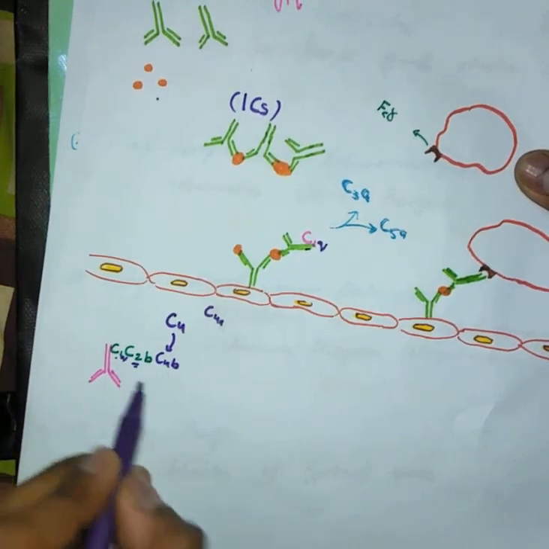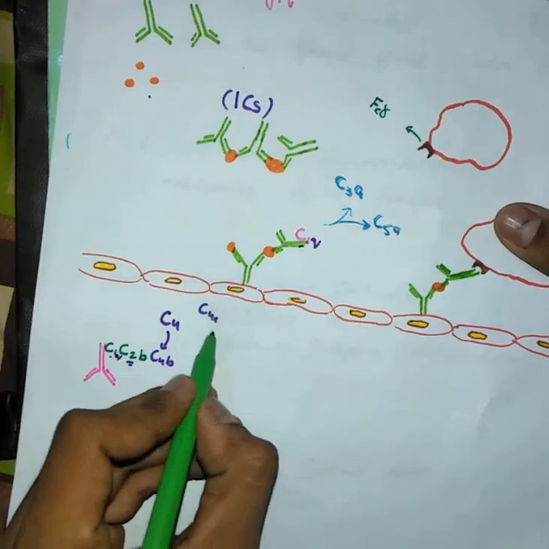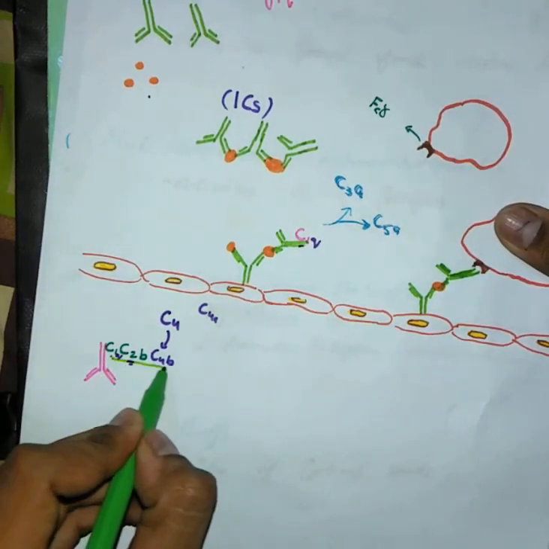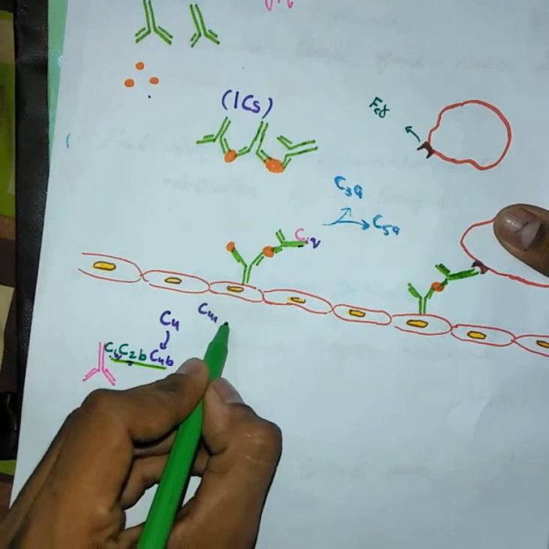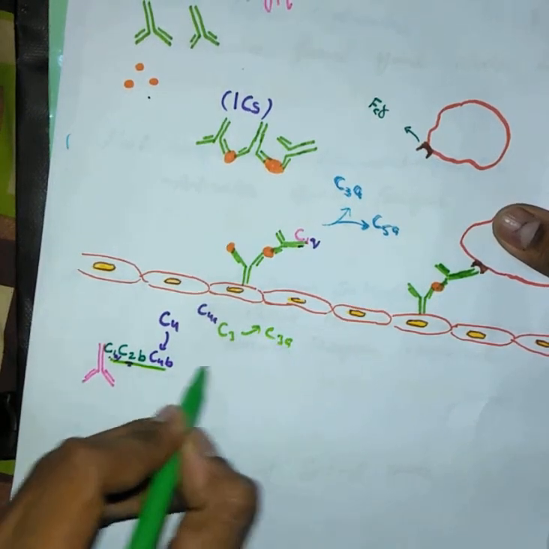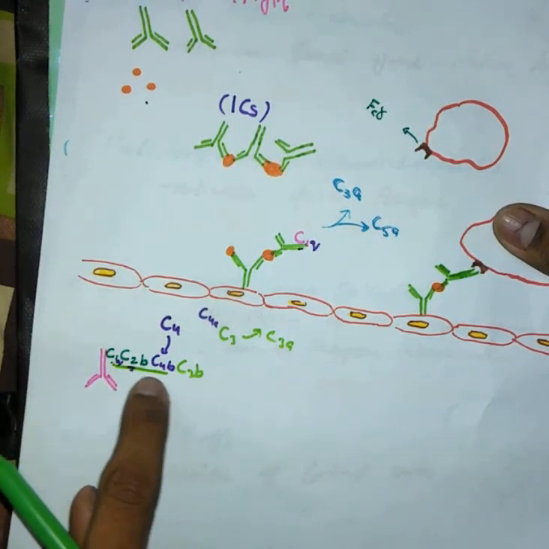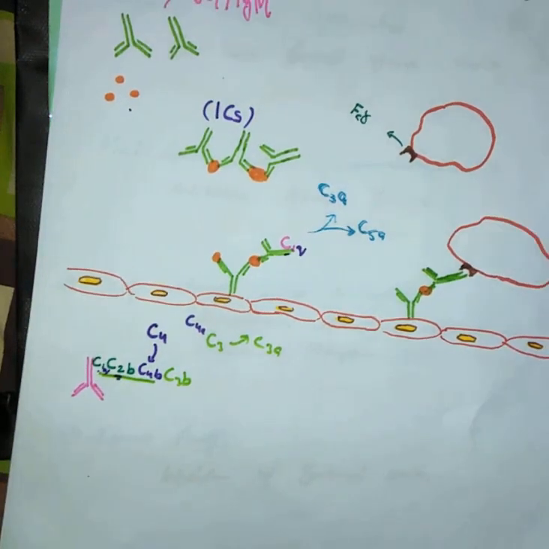Now the complex of these four proteins will be able to convert C3 into C3a and C3b, and all the b's will start joining together.